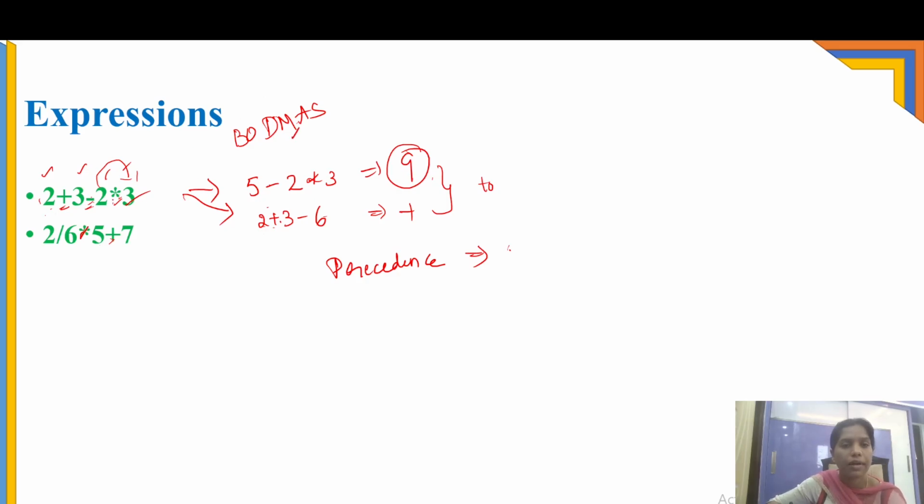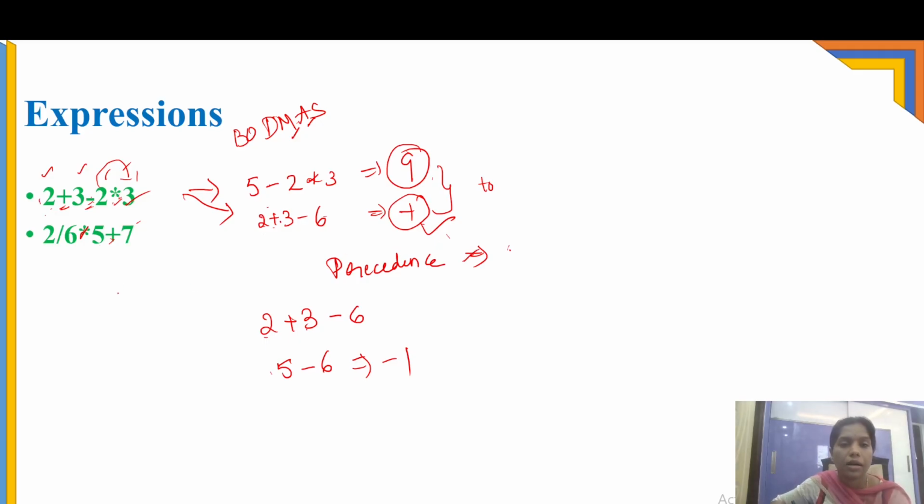Multiplication we should evaluate first. So 2 into 3 must be evaluated first. So 2 plus 3 minus 6. Okay, next addition. 2 plus 3, 5 minus 6. Next subtraction, minus. This one is the correct answer. So in this way we will avoid the ambiguity by using the precedence rule.